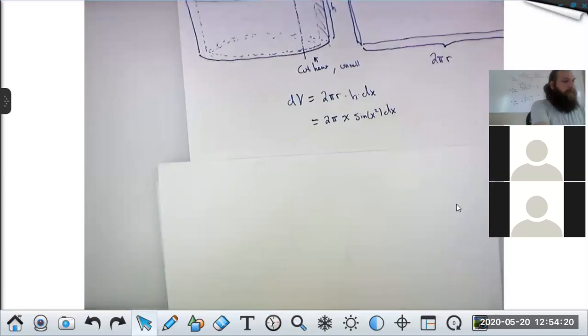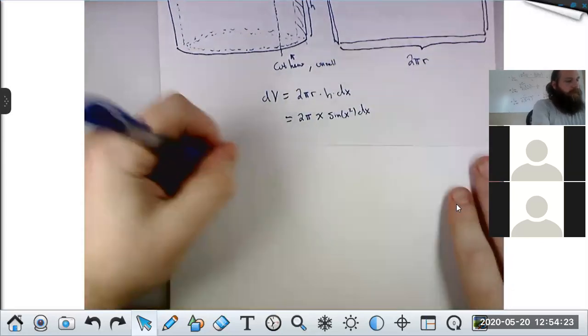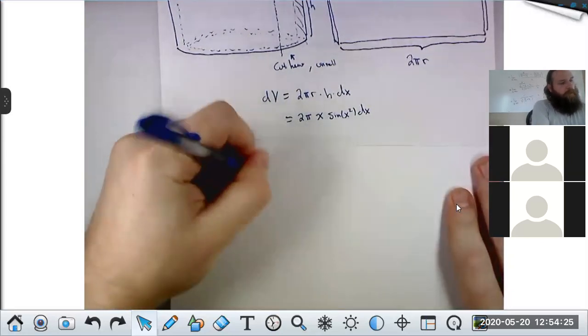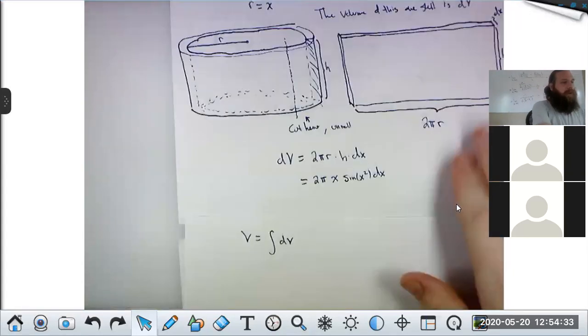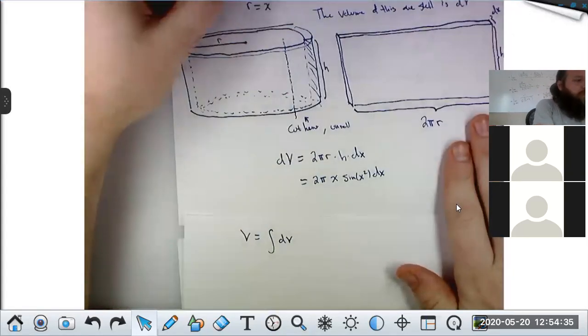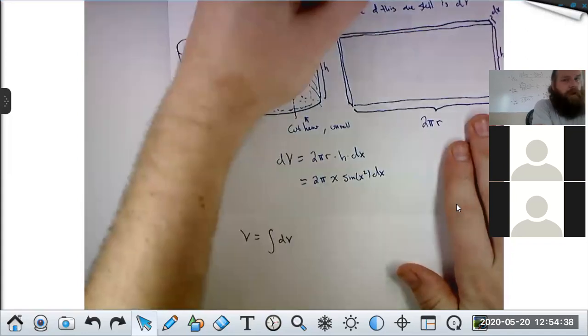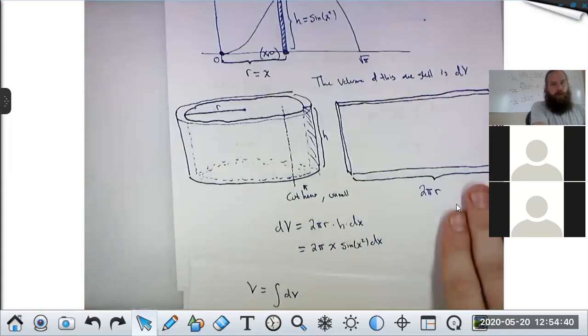All right. So v is the integral of dv. And since I'm doing a dx integral, my strip's thickness was a dx thickness. That means my bounds need to be x values. So my region begins over here at x equals 0, and it ends over here at x equals the square root of pi.